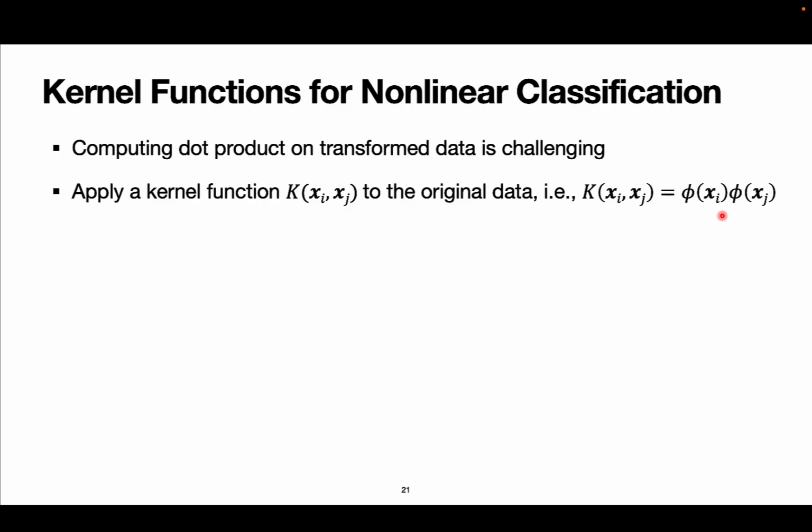So in mathematical terms, a kernel function k of xi, xj equals phi of xi, phi of xj. In other words, this kernel function allows computing these inner products in the high-dimensional space without explicitly doing the mapping.